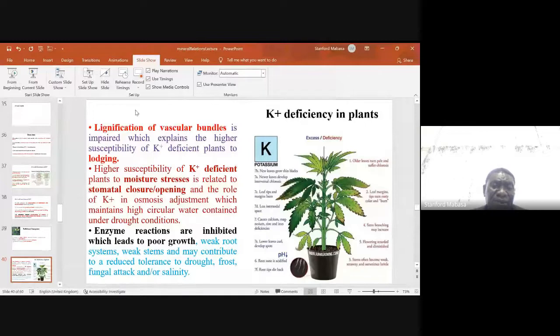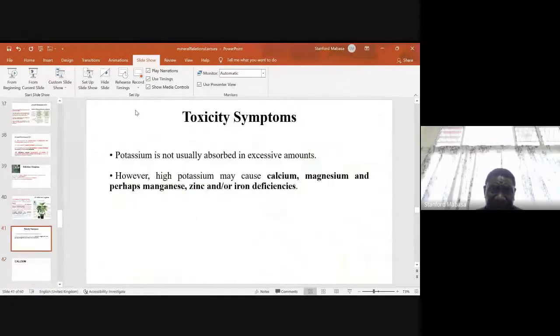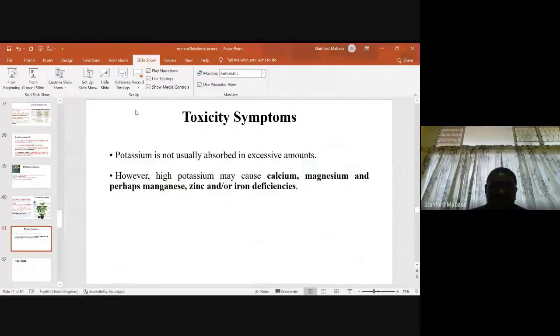It is also involved with the enzyme reactions. And if it is absent, then the enzymes may lead to poor growth. There could be toxicity symptoms.